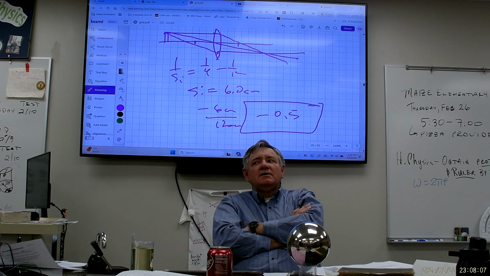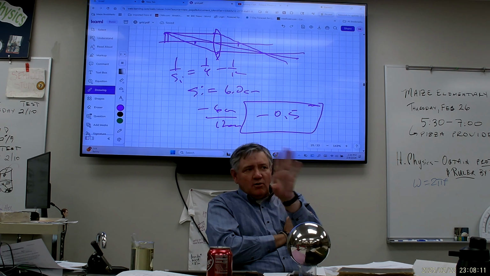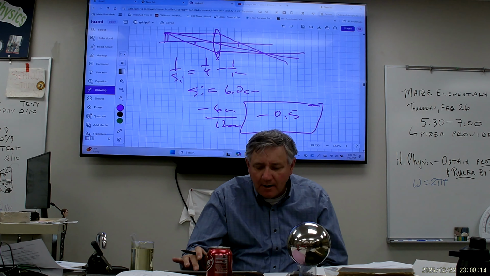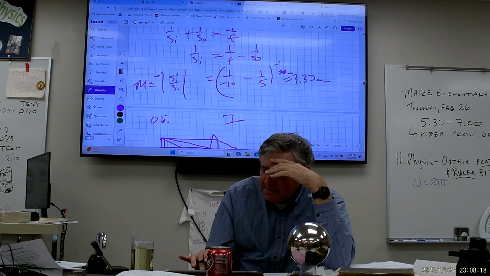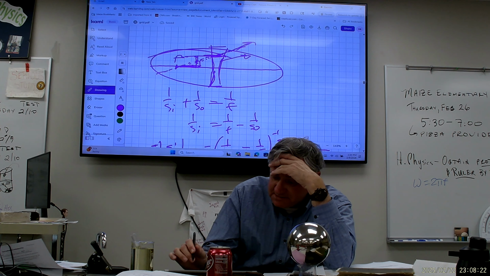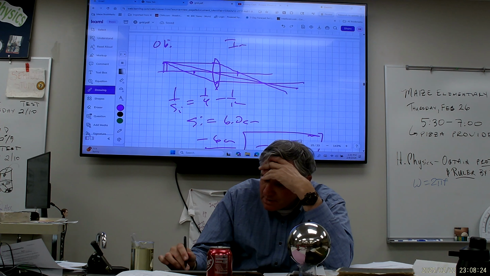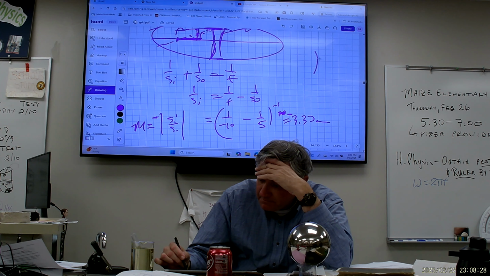Okay, those two questions you should see old school. Now, what would happen if we take those same diagrams, but instead of lenses, we made that a concave mirror?